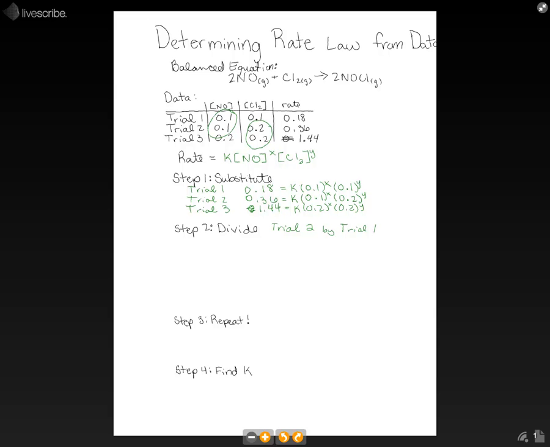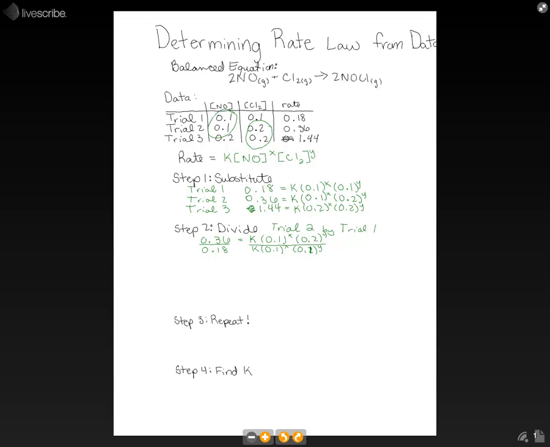So setting that up, we get 0.36 equals k times 0.1 to the x times 0.2 to the y, divided by 0.18 equals k times 0.1 to the x times 0.1 to the y.